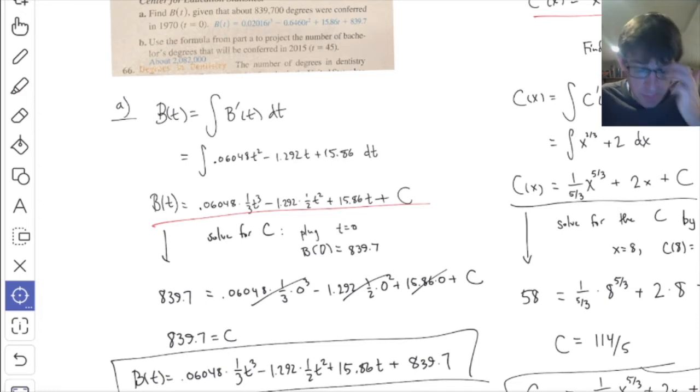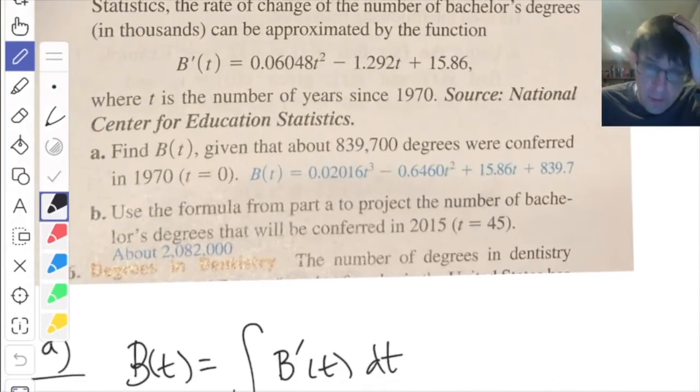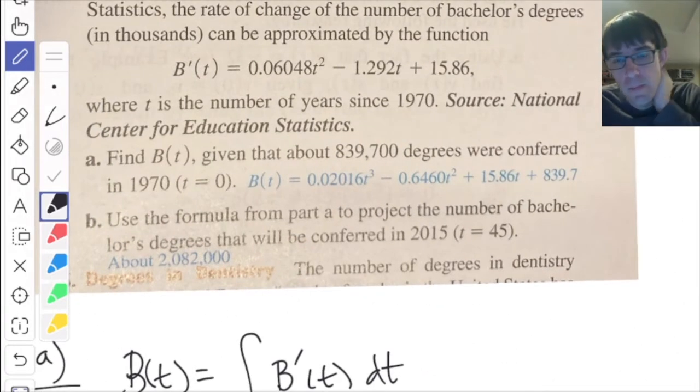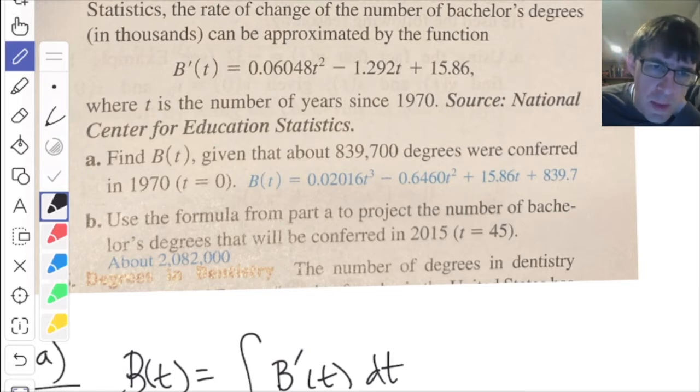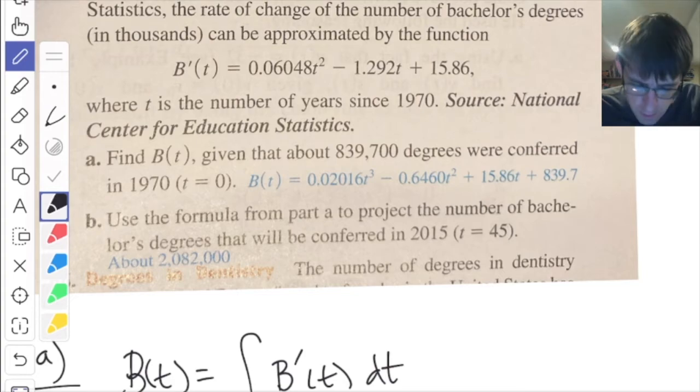Part B. Let's do part B. It says use the formula from part A to project the number of bachelor's degrees that will be conferred in 2015. I got this out of the old book, so 2015 was in the future at that point. Project the number of bachelor's degrees that will be conferred in 2015, which is T equals 45, year 45.